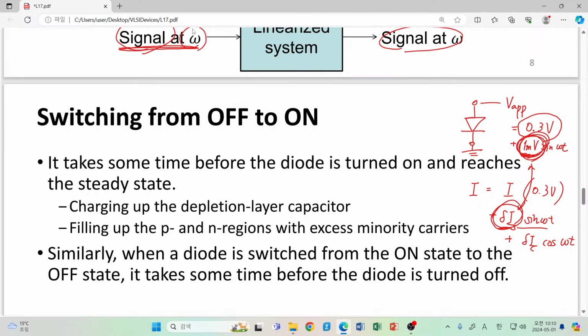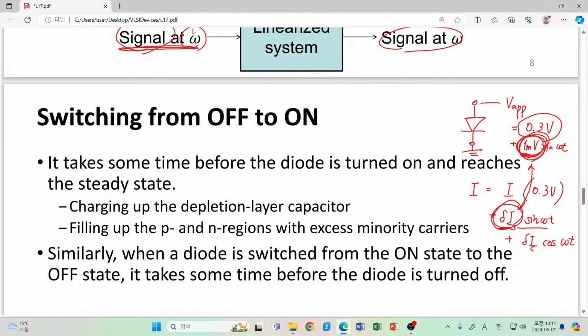But anyway, the essential point is, when we have a small input, the system can be linearized, and for this linearized system, the input signature is just kept. So if you insert a signal with angular frequency omega, then your output signal will also have angular frequency omega. Okay.